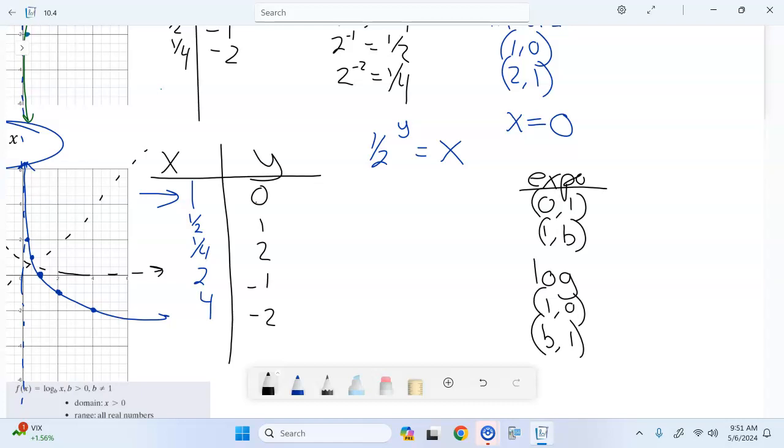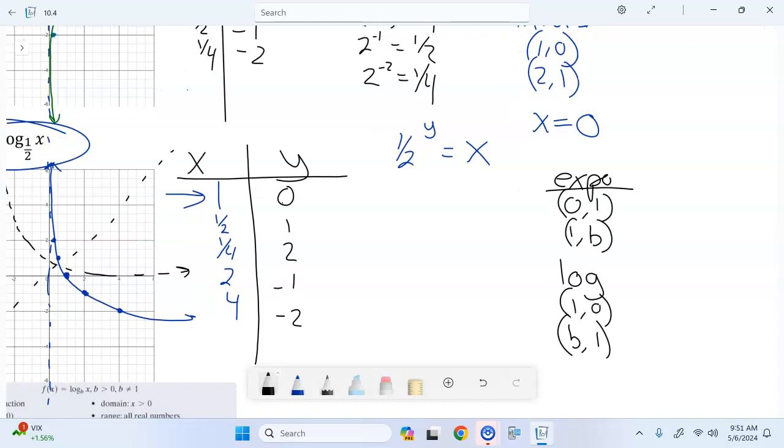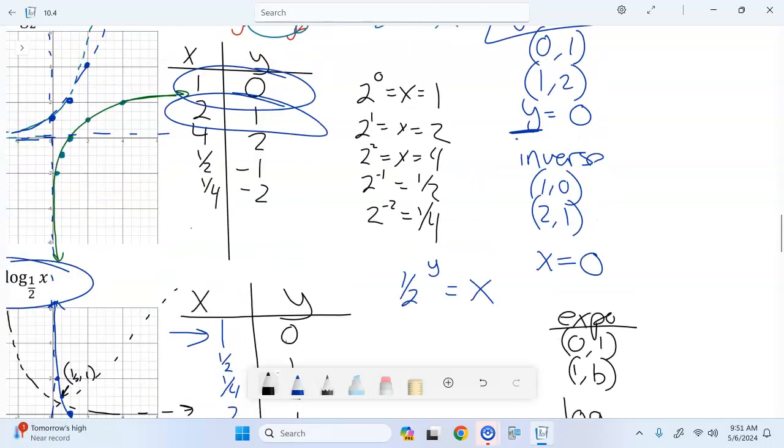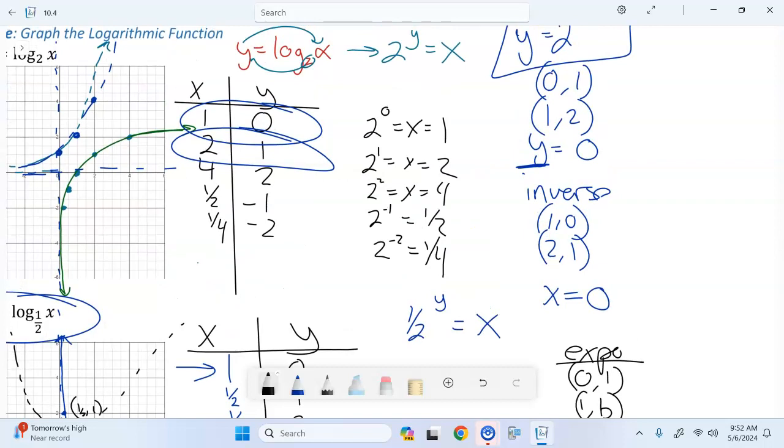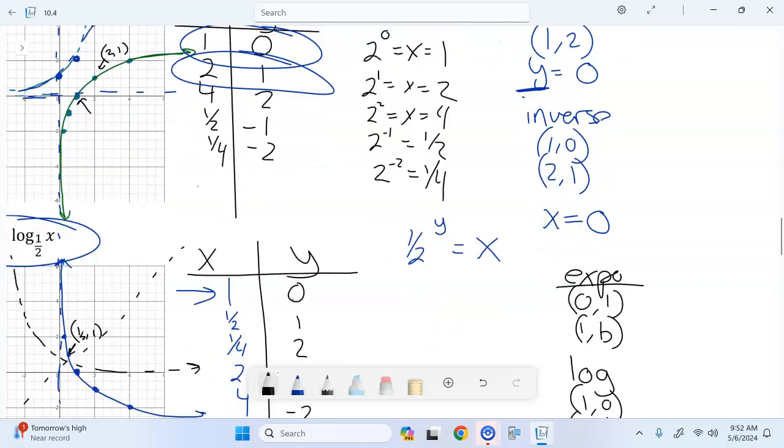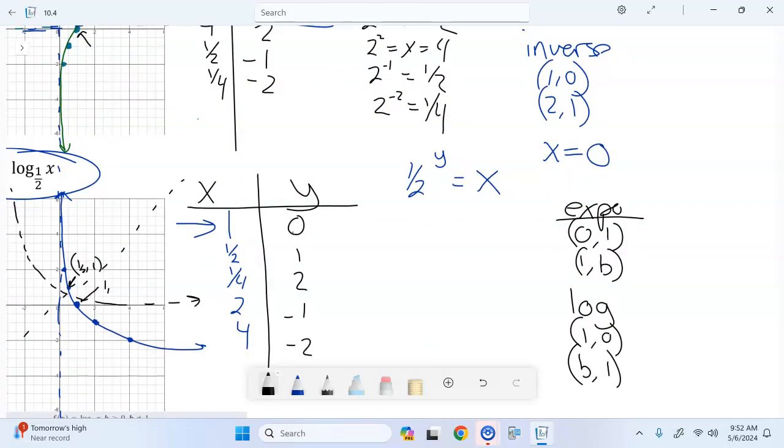Those inverse points. 1/2, there's the point 1/2, 1. Base, comma 1. There's the point 2, comma 1. Its base, as well as that point of 1, 0, and then that y-axis asymptote.